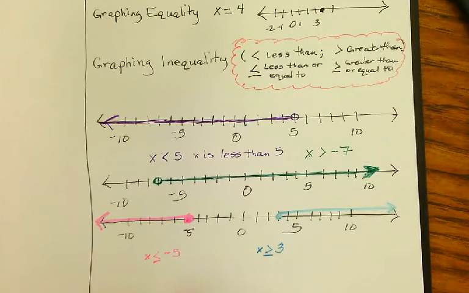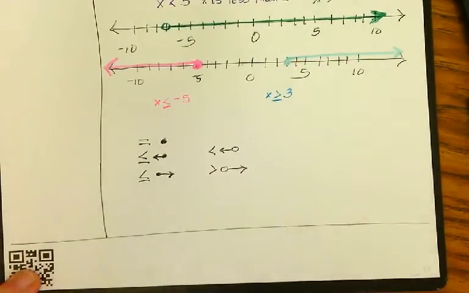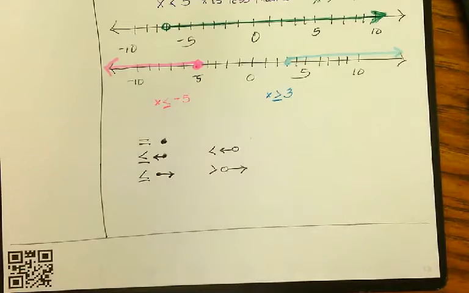Greater than or equal to gets a solid dot with the line going that way. And then if we have less than, we get an open dot with an arrow going that way. Greater than is an open dot with an arrow going that way. And of course you can't see a thing, so here we go. All right, I get so focused on actually writing I forget to check the screen.